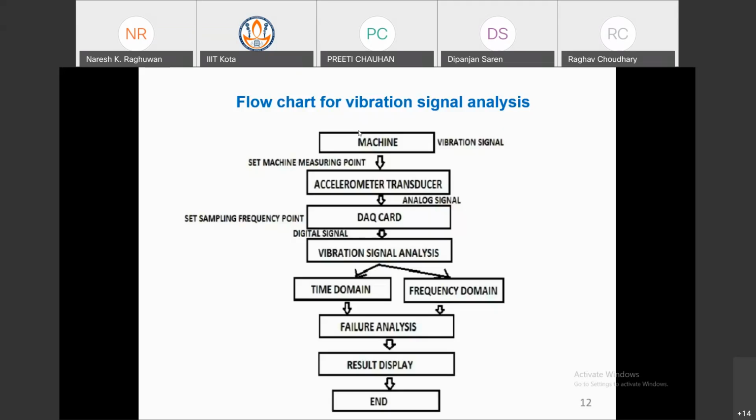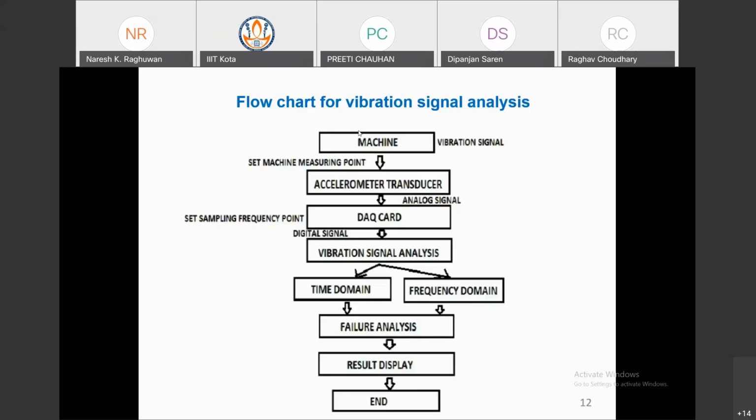The accelerometer transducer generally captures the vibration in analog form. So some data acquisition system will be there, which will convert it to digital form, an analog to digital converter. The electrical people know very well how to convert these electrical signals into digital form.